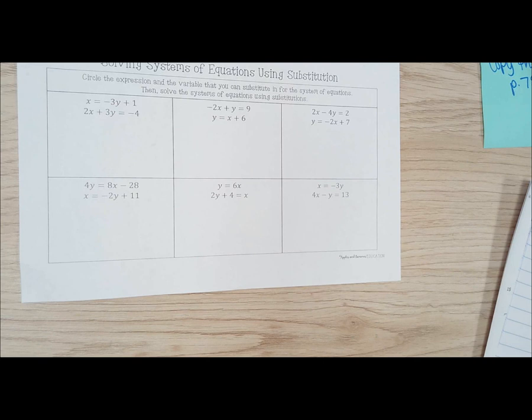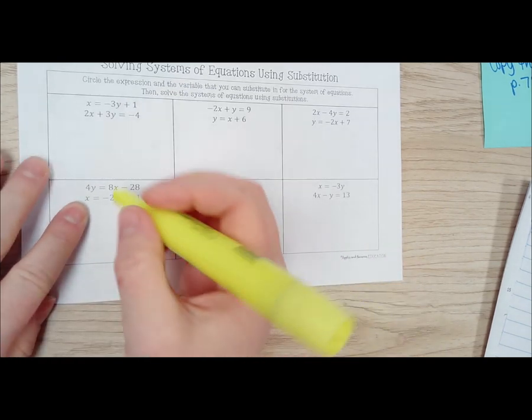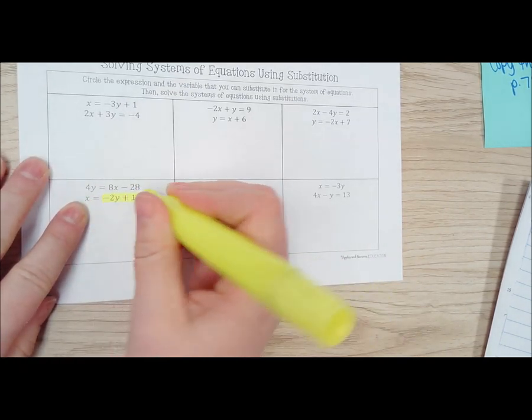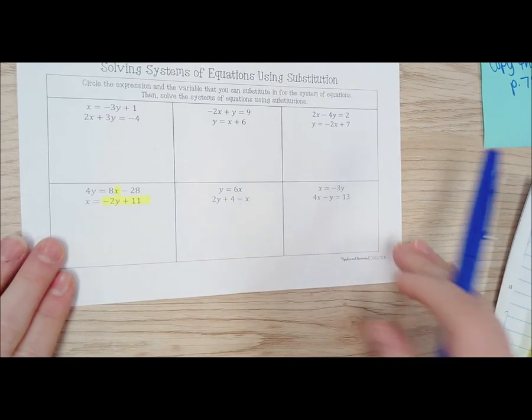So I'm just going to highlight like I was doing in our notes. This already says x equals, so I'm going to put in this for the x. If you need extra room, then you can do it on a separate sheet of paper.